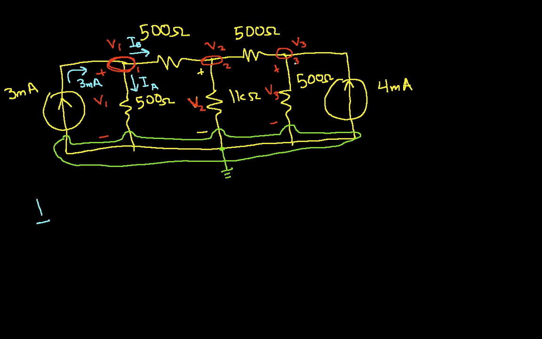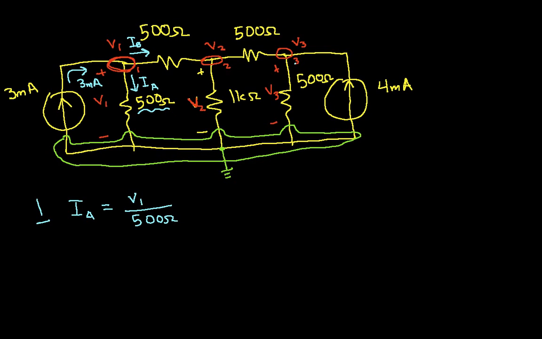Well, the voltage across this 500 ohm resistor is V1. So IA will be V1 over 500 ohms.